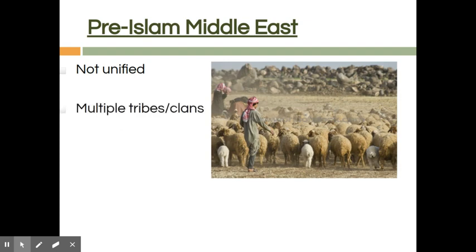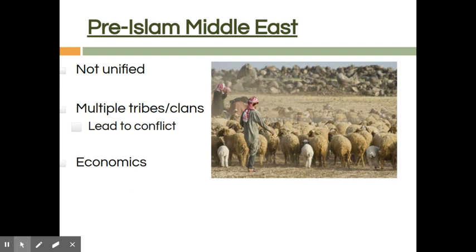So we have multiple tribes or clans that clashed, I guess you can say, leading to conflict over land, basically land rights, bragging rights, whatever you want to call it.